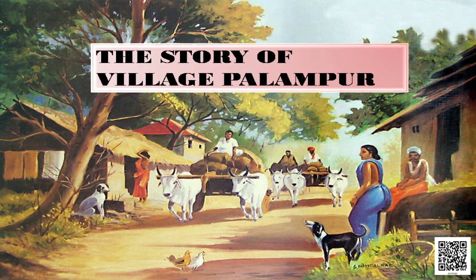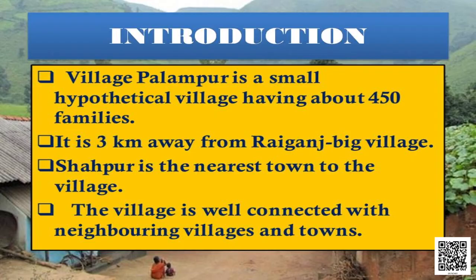Now, let us talk about this village through which we are going to discuss various activities, resources, and other things. Village Palampur is a small hypothetical village having about 450 families. Keep note of that.